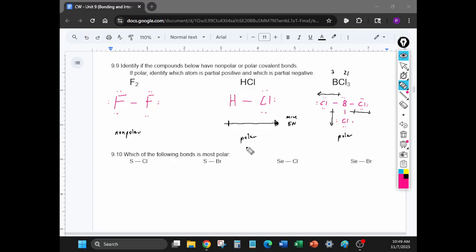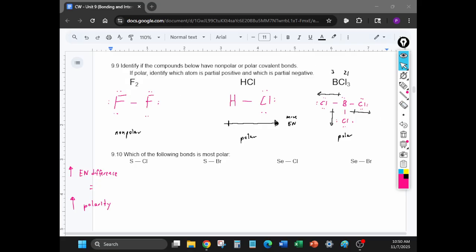The key to knowing it is that the greater the difference in electronegativity between the elements, the greater the polarity. So the more electronegative one element is than another, the more polar it's going to make that bond.